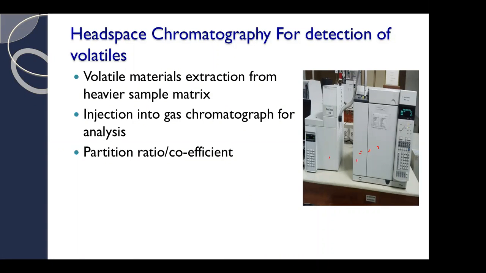Right? So there is an entity known as the partition coefficient or the ratio. It is basically a thermodynamic property that defines the relative concentration of a compound in the sample as compared to the headspace.